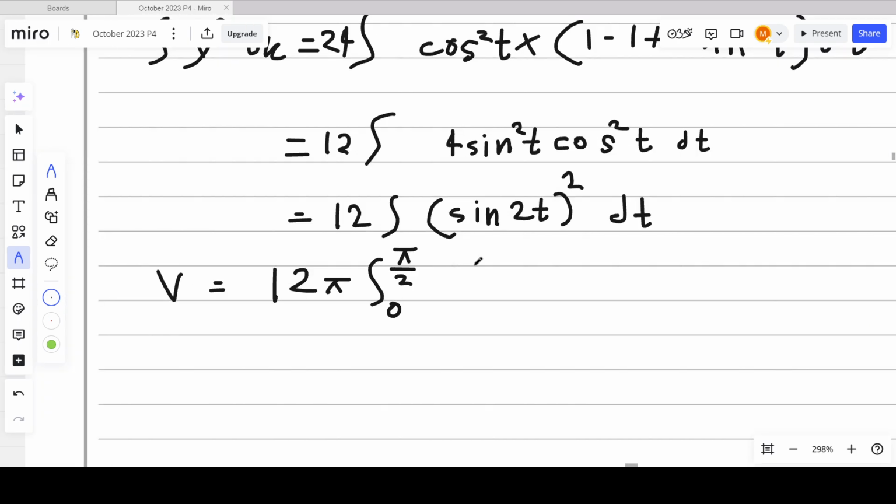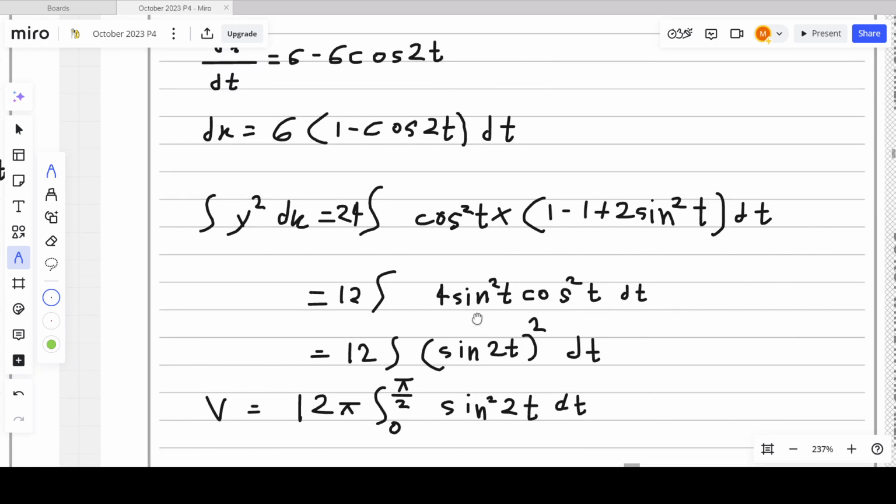Okay, we are finding the corresponding value of t. So sin squared 2t dt. We got sin squared 2t dt. Is this fine?